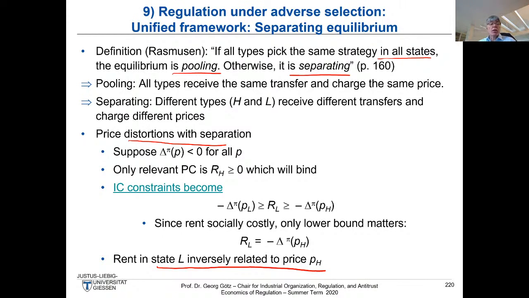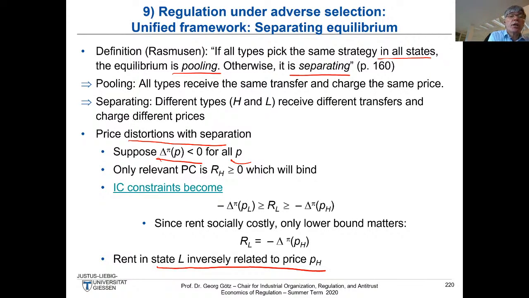Again, we start with the point that the profit difference is always negative for all P. That holds both in Baron-Myerson and in Laffont-Tirole. What does this mean? The high type has higher marginal cost or higher fixed cost, and so the profit of the high type is lower than the profit of the low type for all prices.